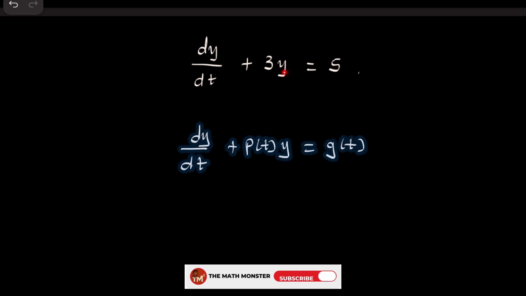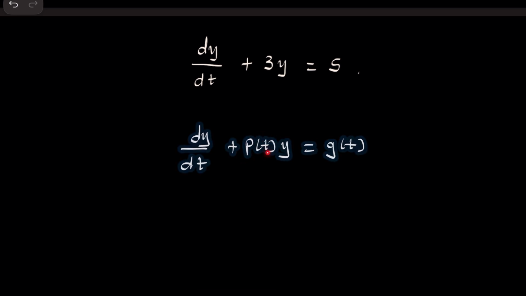So our function p(t) is 3 in this case. On the right hand side, g(t) is going to be 5. And so we have p(t) equal to 3 and g(t) equal to 5.